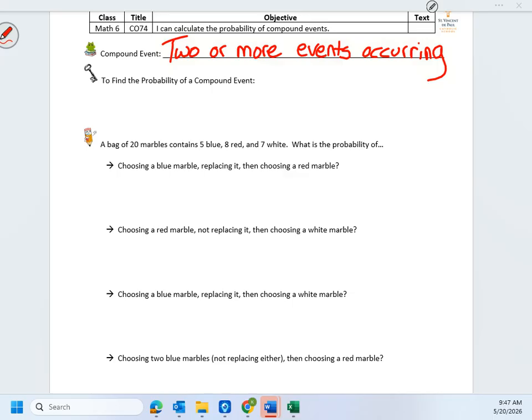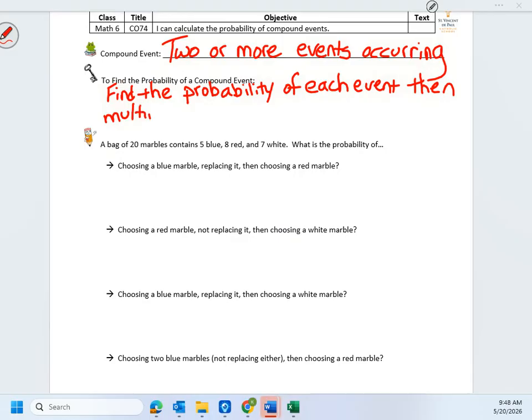So to find the probability of a compound event, you find the probability of each event, then multiply the probabilities together.